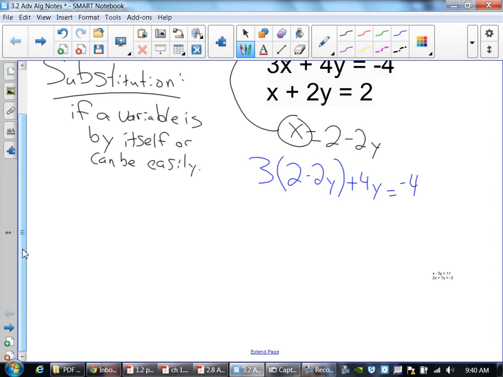What do I do now? Distribute. So we have 6 minus 6y plus 4y is negative 4. Bring the 4 over, move the 2 the other way, and you get 5 for y.